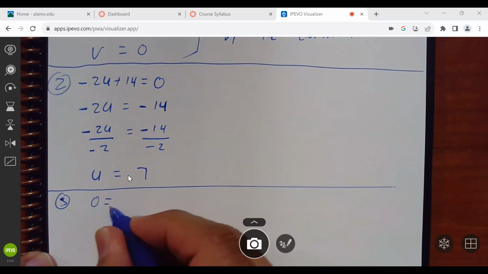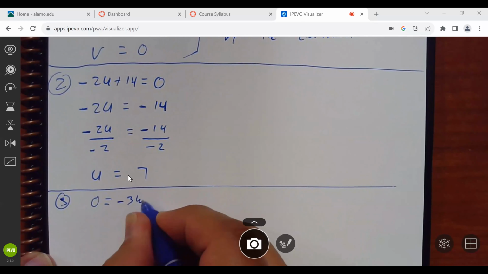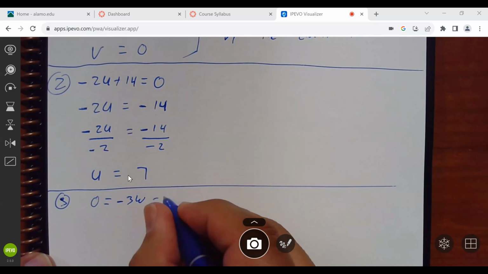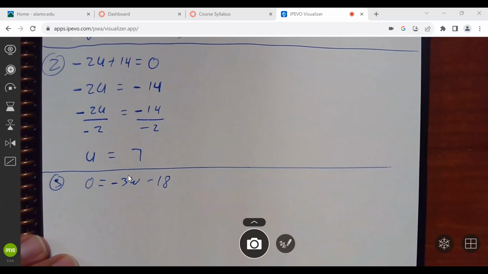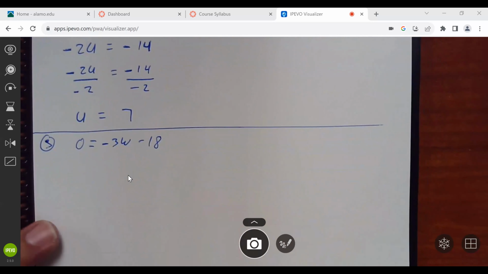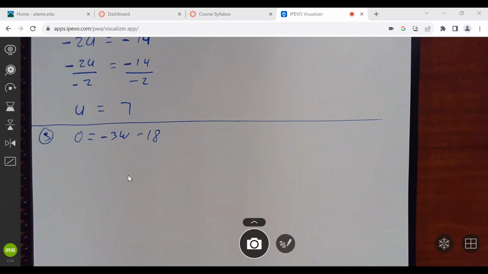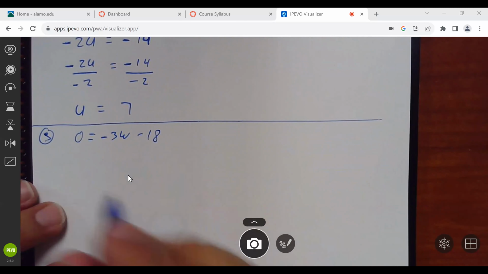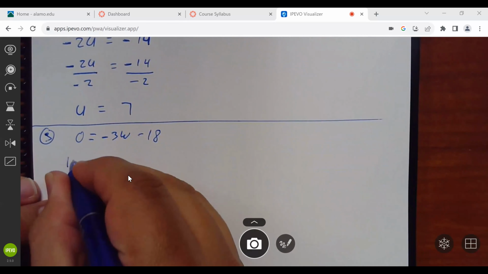0 equal to -3W minus 8. Add in this order. Move it over.